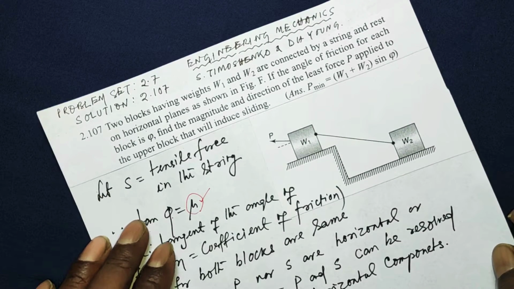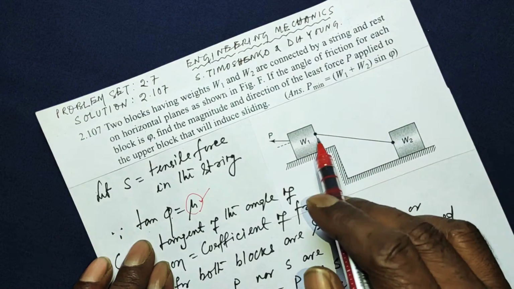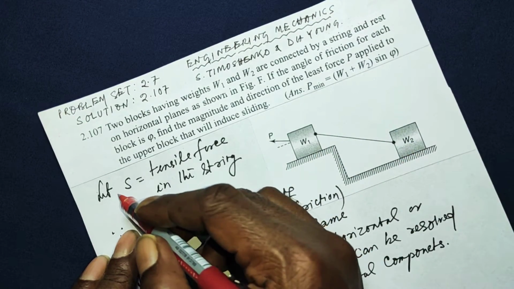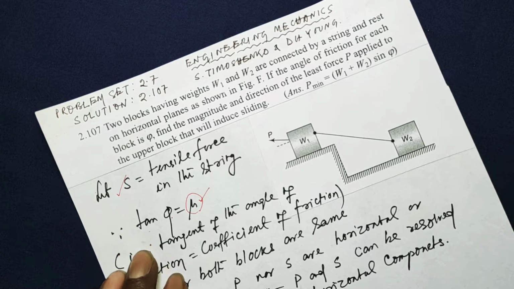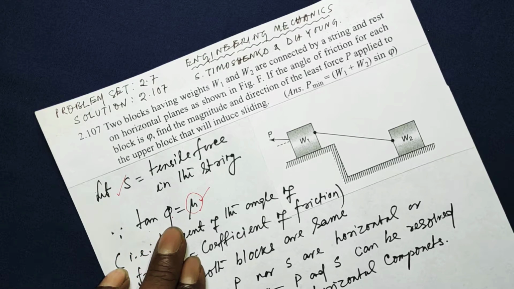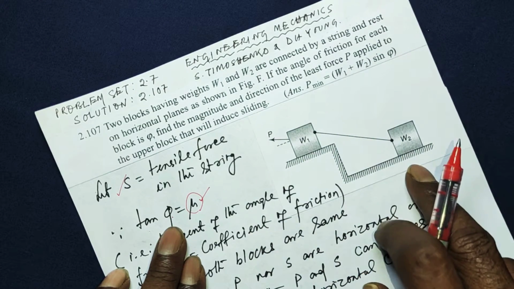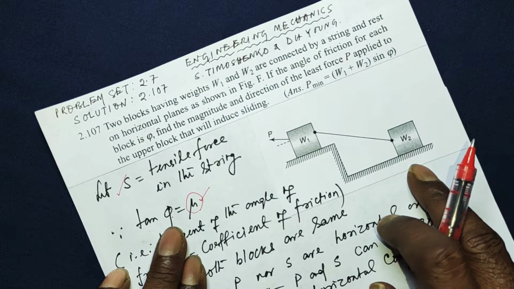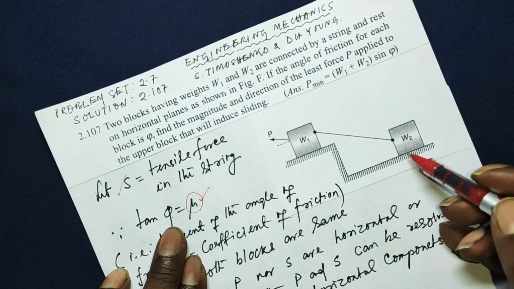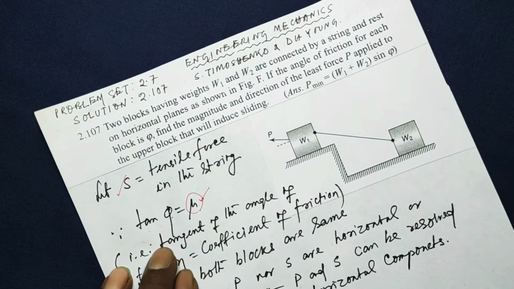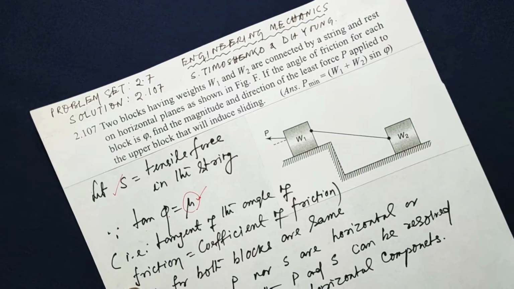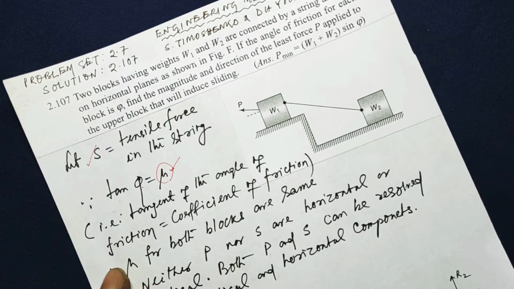So let S be the tensile force in the string. This string S, you can represent it by T, no problem. Now it is also given tan phi is mu for both the blocks, meaning the coefficient of friction here and the coefficient of friction here are the same.